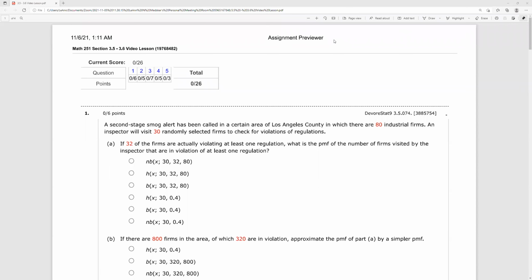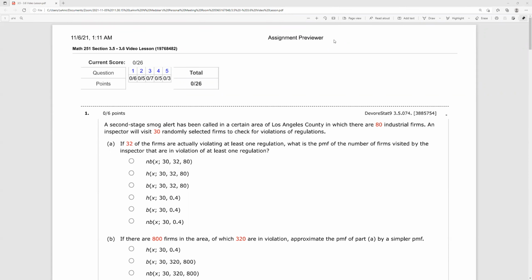All right, we're looking at the section 3.5 and 3.6 material. Looking at some new distributions, we've talked about so far the binomial distribution. We've also talked about expected value, and that's kind of a big chunk of what was covered in this first video series for this week.